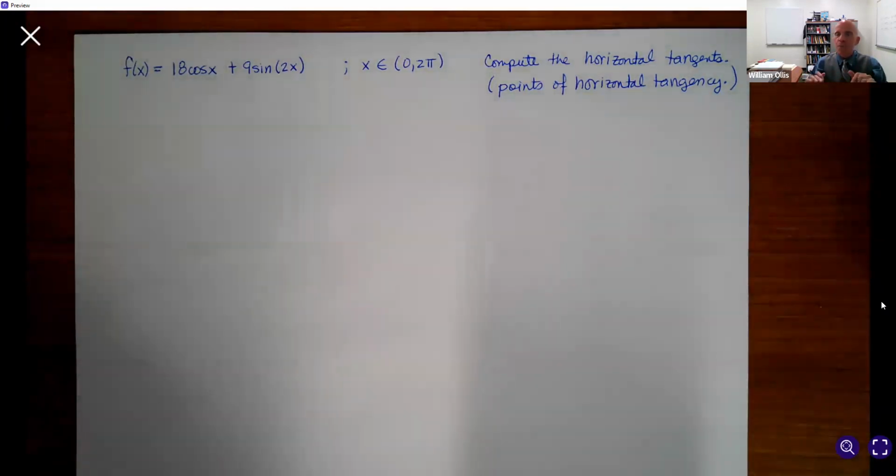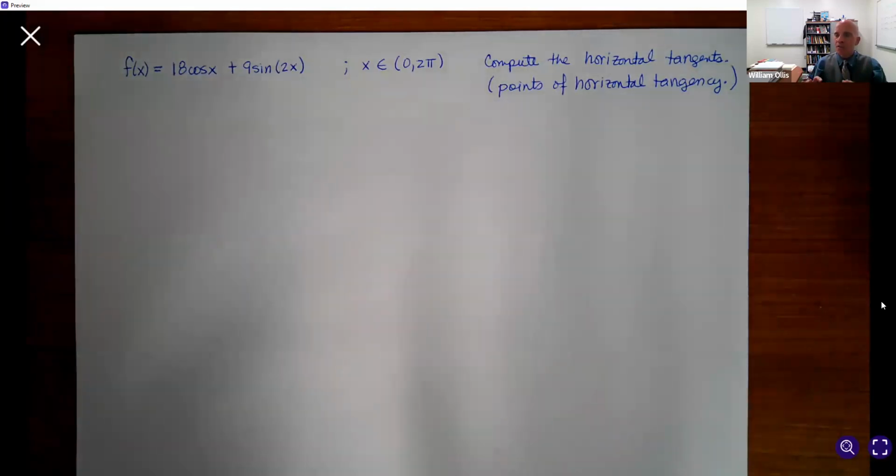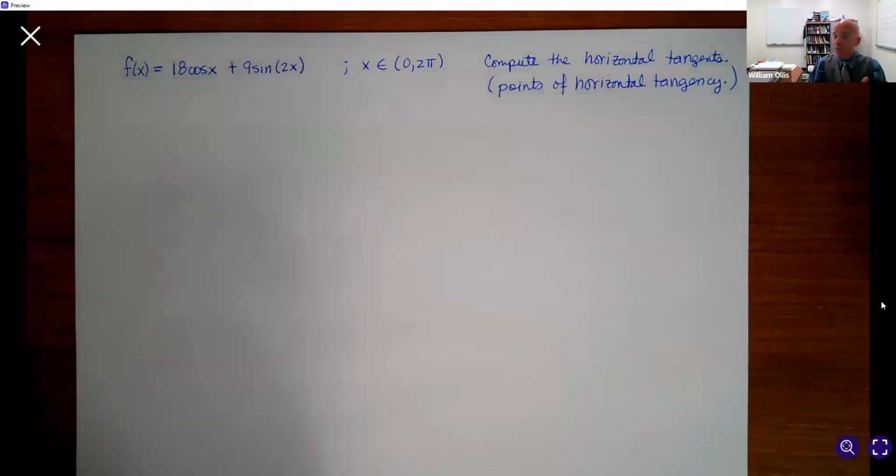And if we're simply looking for values of the independent variable where possibly the slope is zero, that is, we have a zero value of the derivative, or we have a value in the domain for which the derivative is undefined, just like we did in the last problem.